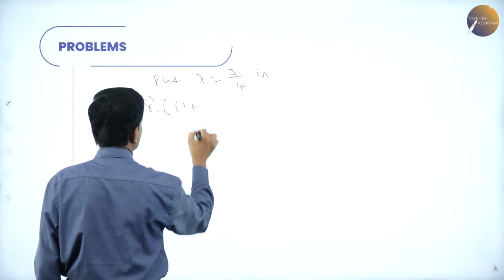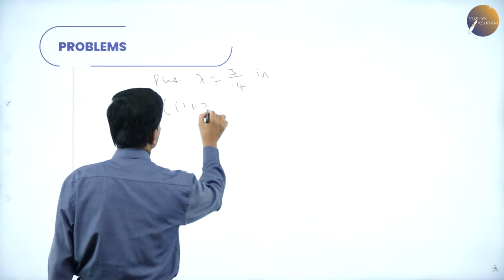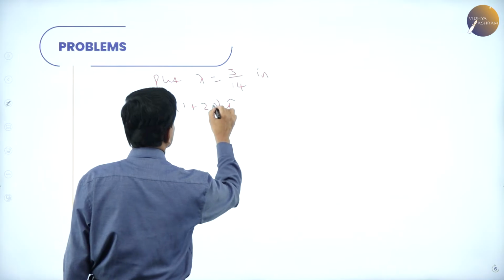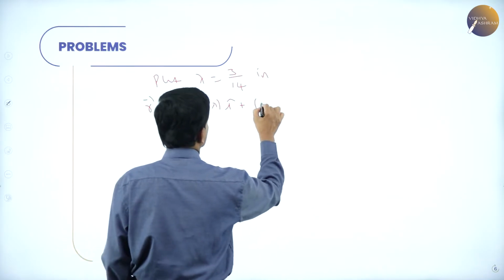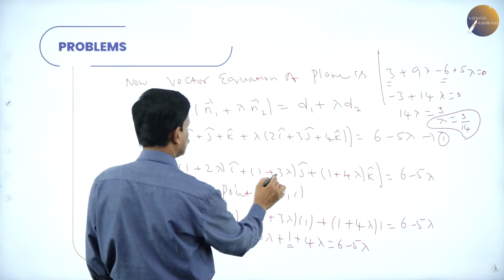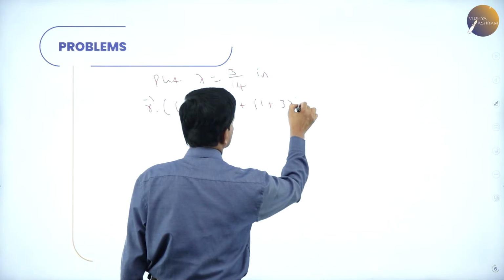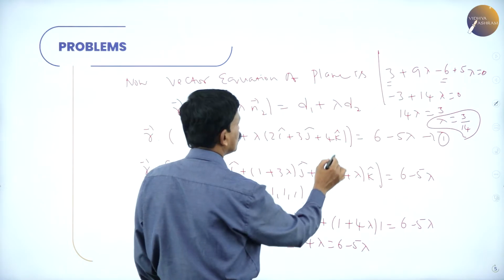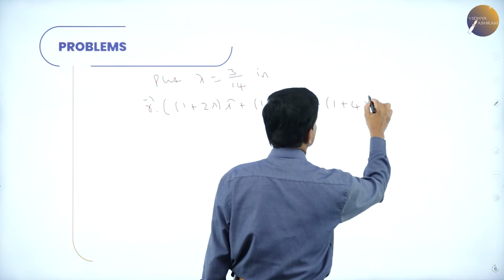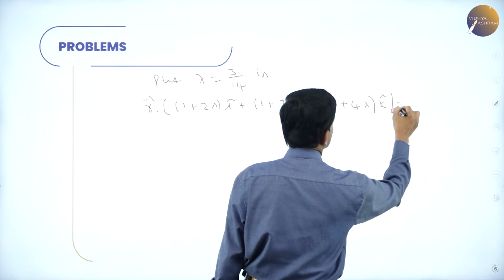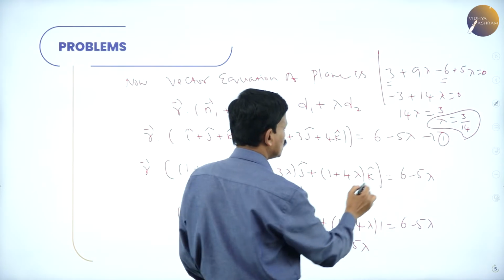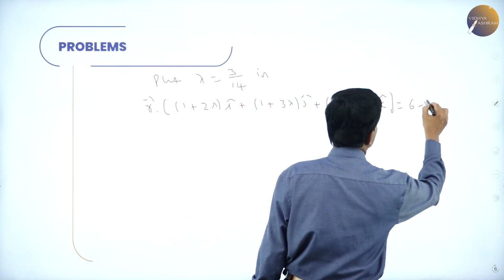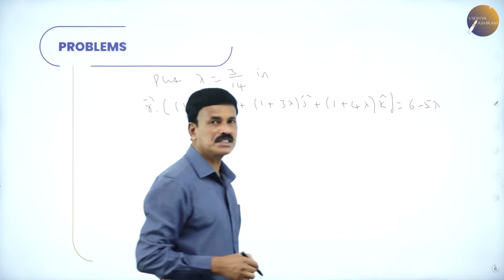r·((1 plus 2 lambda) i plus (1 plus 3 lambda) j plus (1 plus 4 lambda) k) is equal to 6 minus 5 times lambda. Substitute here.